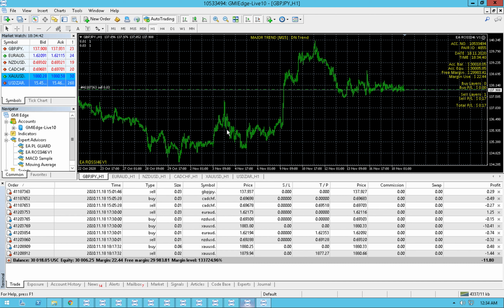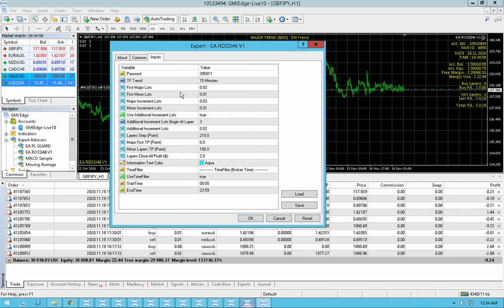Since this is hedging, it will also counter if the trend goes on the opposite side. If you notice, it will have buy and sell at the same time, and there are a lot of settings inside that EA itself, and you can set a custom lot size based on each layer.